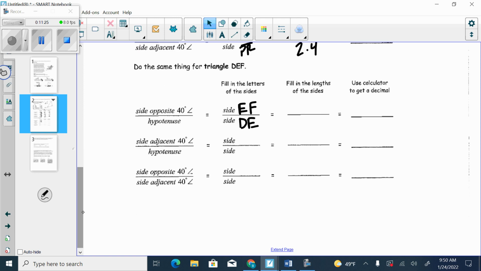So we'd have about 4.4 over 6.7. When I divide those, approximately what do we get? 0.66. Again, if you use bigger or smaller numbers, that can fluctuate a little.